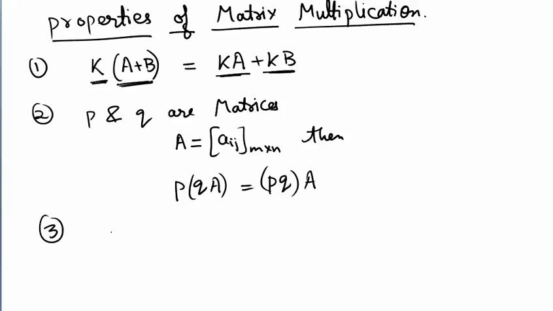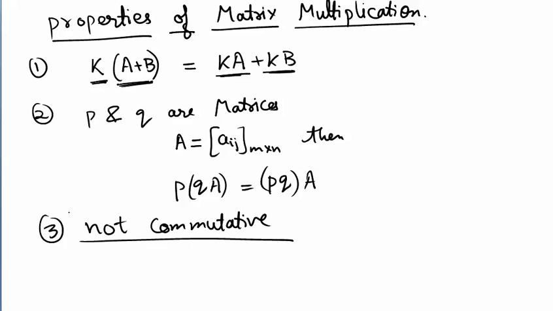The third property which is important for us is that multiplication is not commutative. Very important property. What do I mean by commutative? As we discussed when talking about addition of matrices, A plus B is equal to B plus A. But here, A into B, will it be equal to B into A?